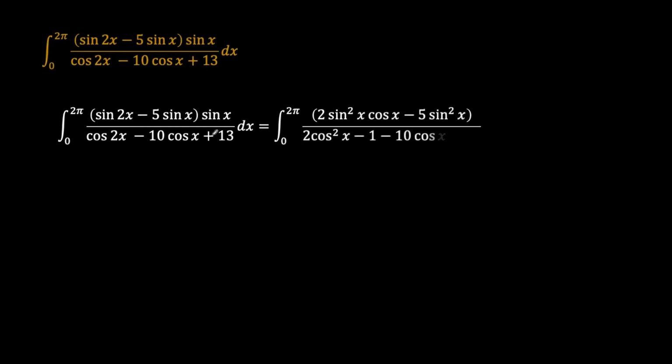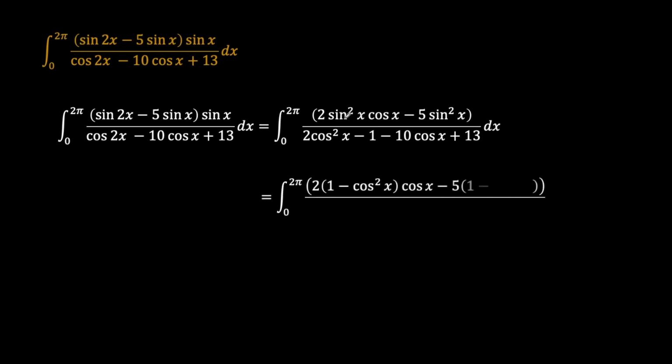So when you multiply sine x across, this becomes 2 sine squared x cosine x minus 5 sine squared x over, in place of cosine 2x, 2 cosine squared x minus 1 minus 10 cosine x plus 13. That can be simplified further by re-expressing sine squared x as 1 minus cosine squared x.